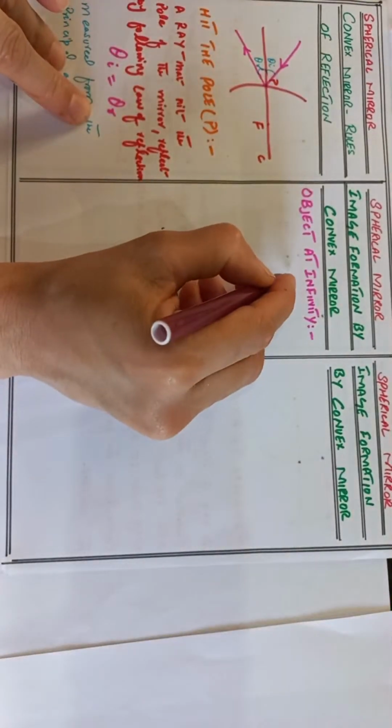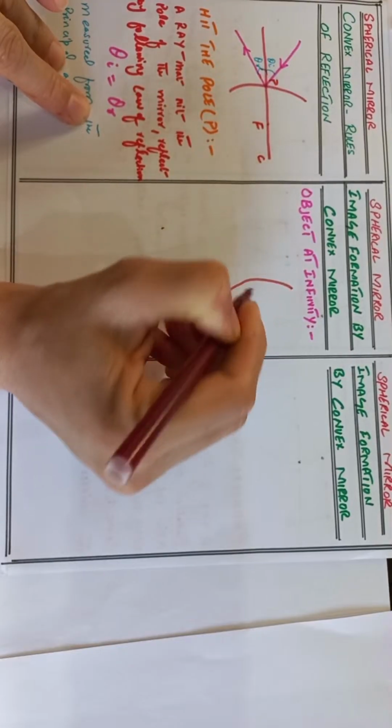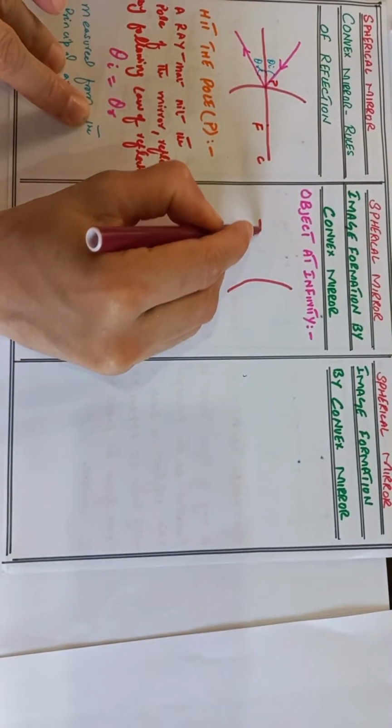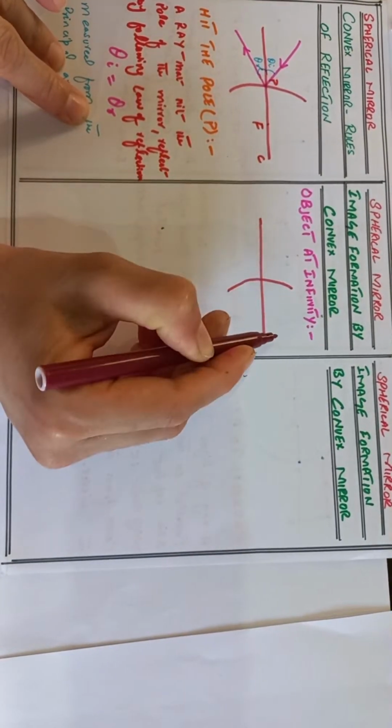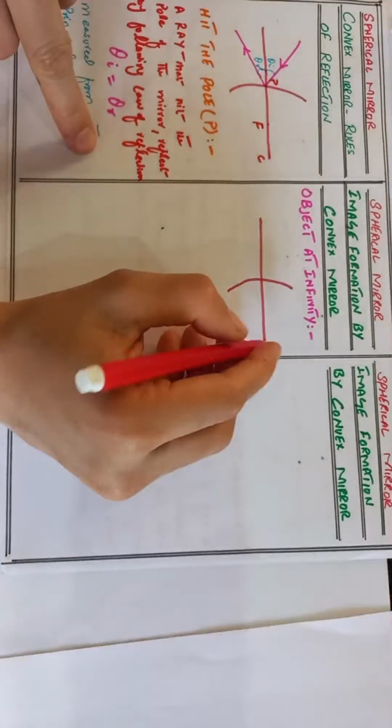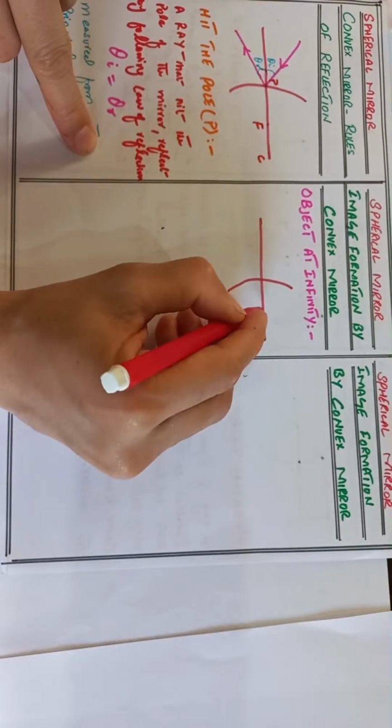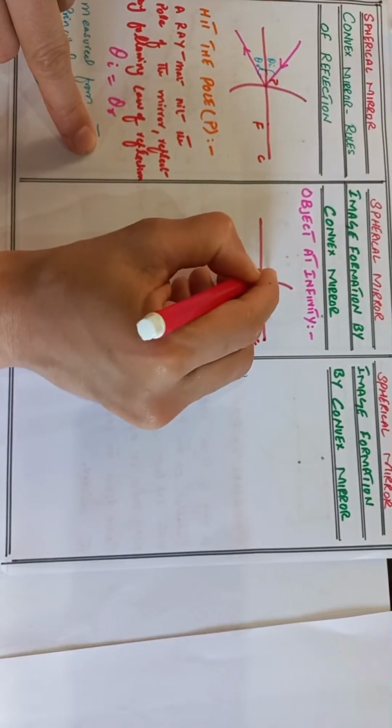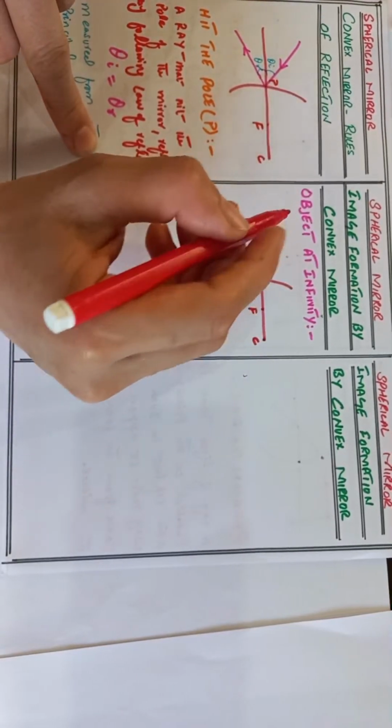In the convex mirror, this is the center of curvature, this is the focus and this is the pole of the convex mirror.